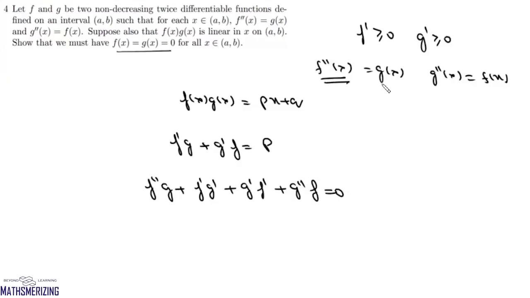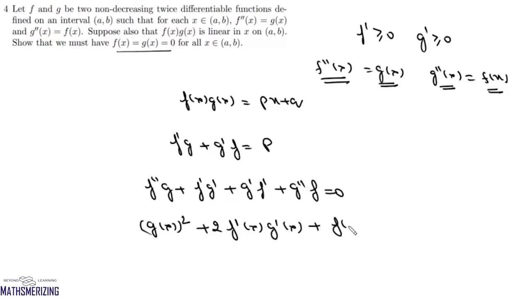Now f''(x) is g(x), and g''(x) is f(x). So we can write g(x) square plus 2 f'(x) g'(x) plus f(x) whole square equal to 0.